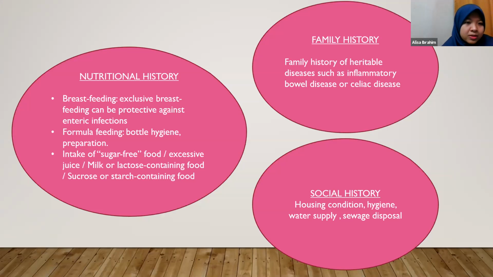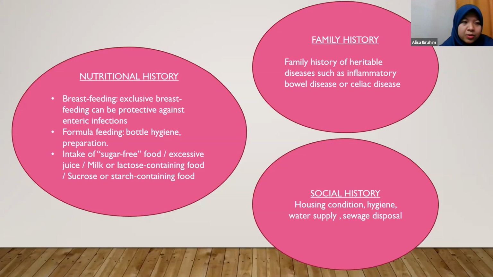But if the child uses formula feeding, we need to ask about the hygiene of the bottle and the preparation of the milk. We also need to ask about any intake of sugar-free food, excessive juice, milk or lactose-containing food, and sucrose or starch-containing food.